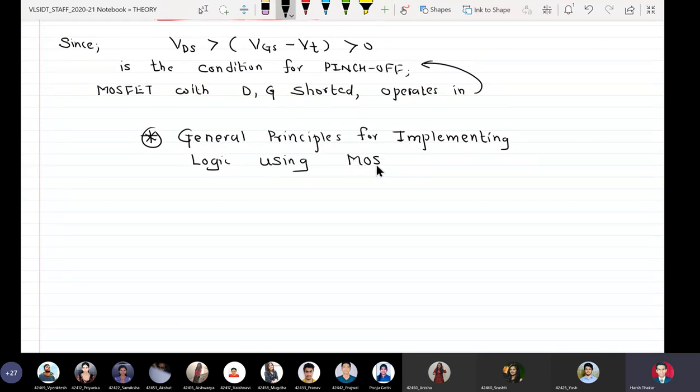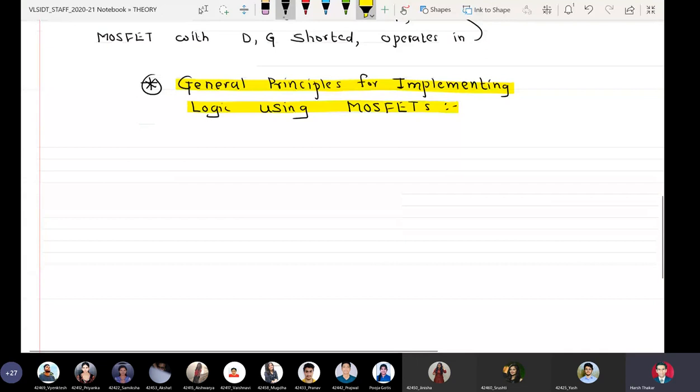I'm not specifically saying PMOS or NMOS, but MOSFETs. So please listen carefully and try to understand what I want to tell. Rule number 1. Okay, fine.